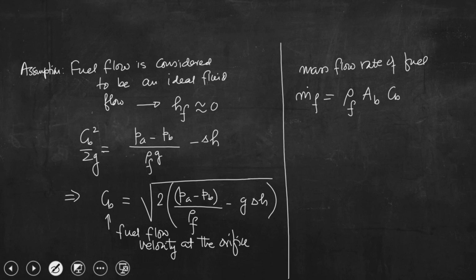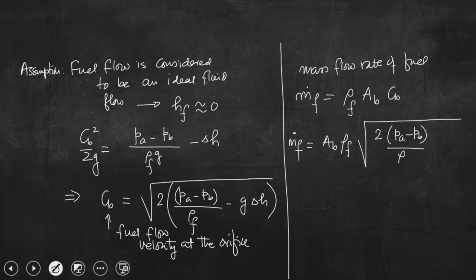So, we can write m dot f equal to AB, that is known, multiplied by rho f into the square root of 2 into PA minus PB divided by rho f minus G into delta H.